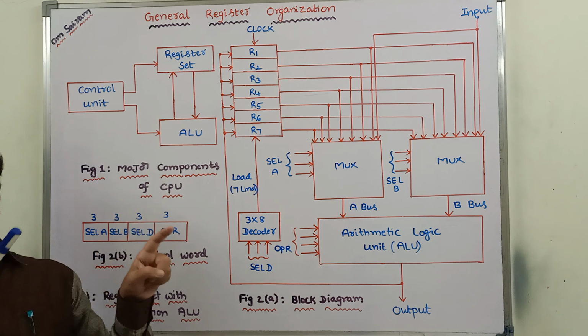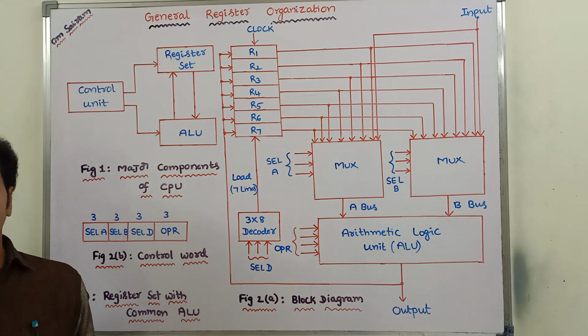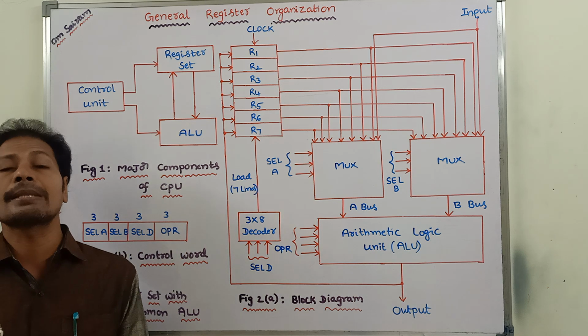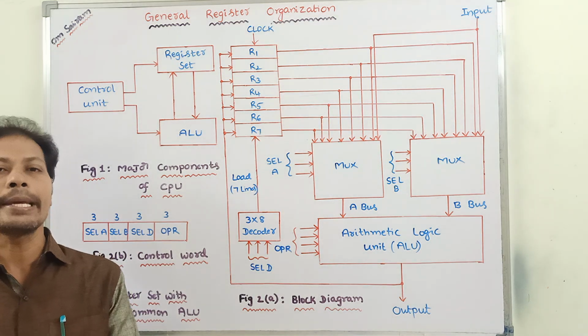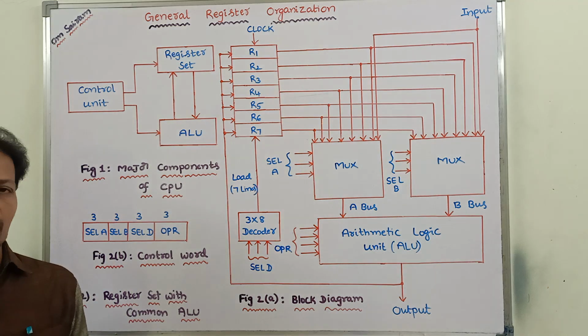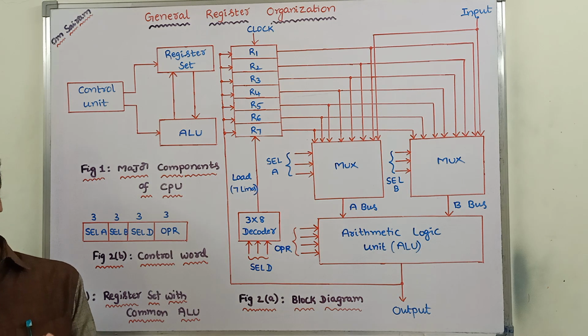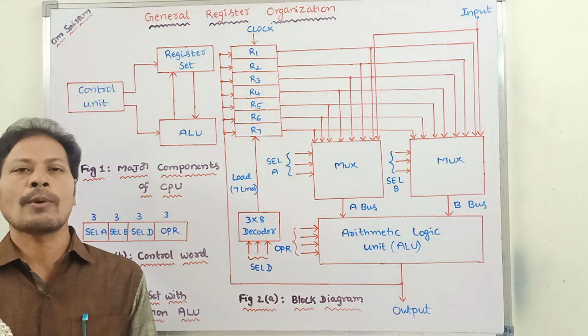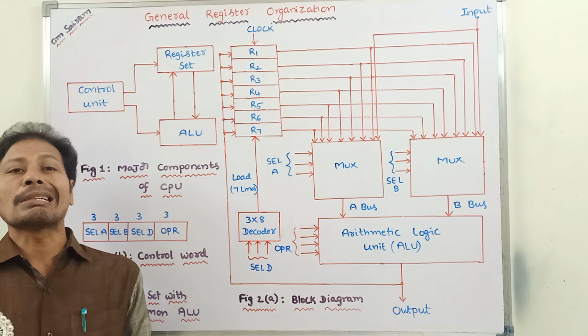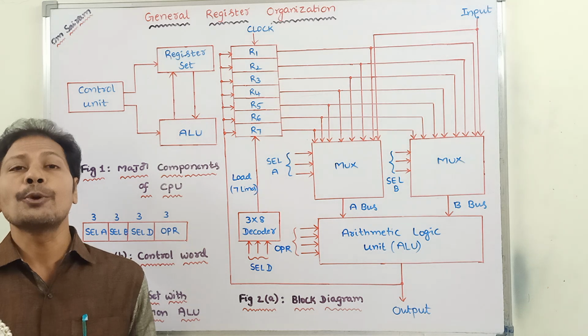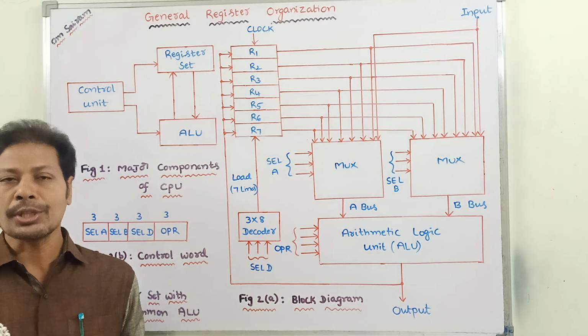There are several processor registers in the CPU. These registers communicate with each other by using a common bus system. That means the CPU contains a large number of processor registers, and these registers are connected together by a common bus system.